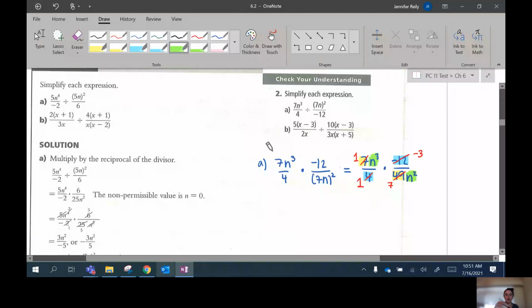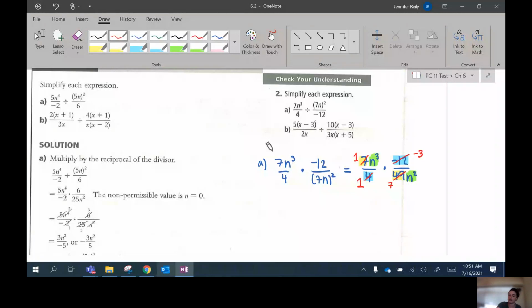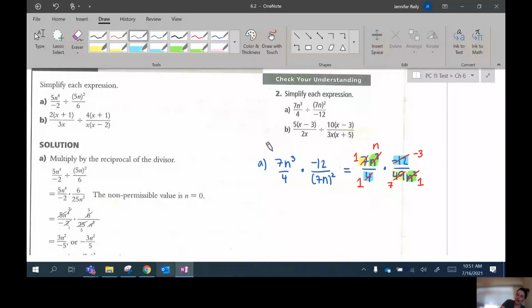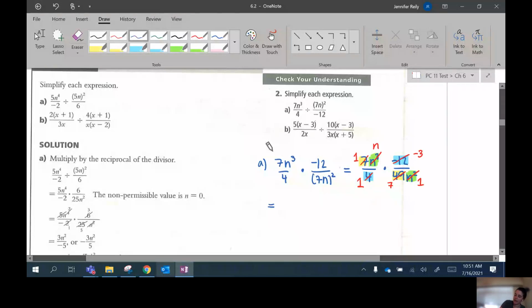So I can cancel 2 n's. So these would be completely gone, and this would be left with 1 n. Okay, let's write now what I have after all that canceling. I have n over 1 times 3 over 7. n times 3 would be 3n. Oops.